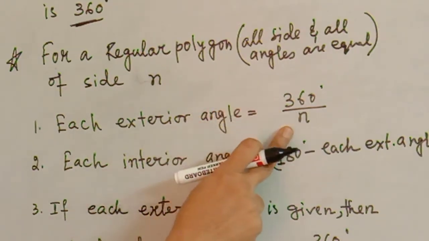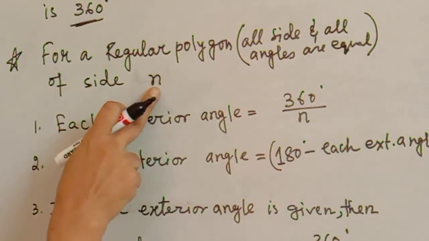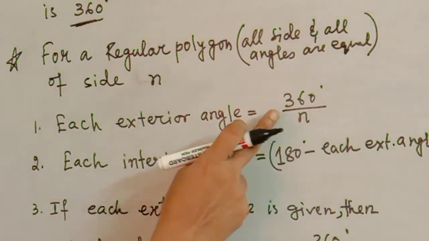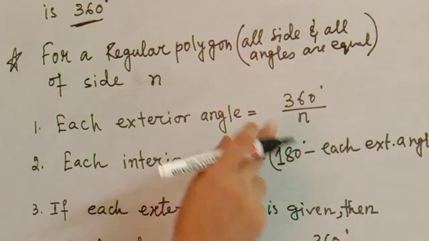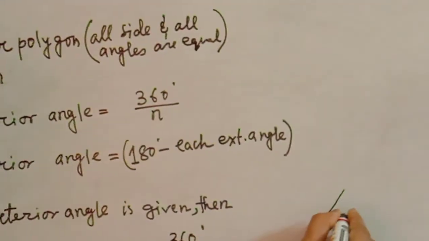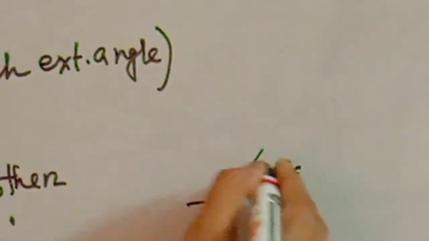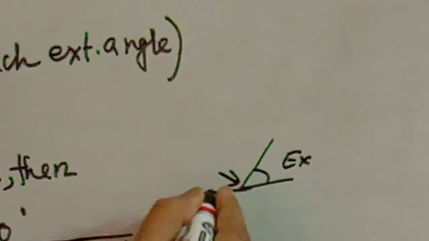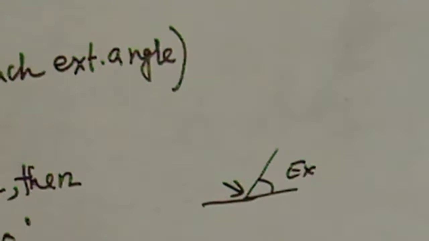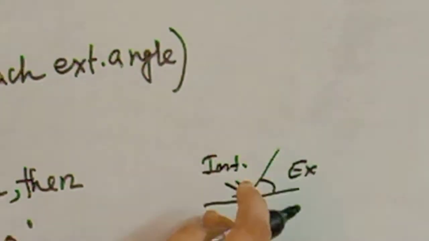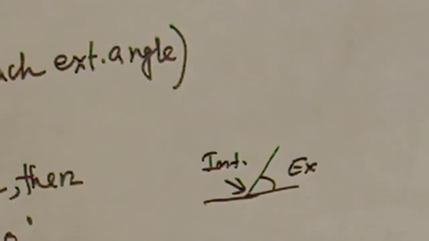Now once you get the exterior angle, the interior angle will be 180 minus the exterior angle, because exterior plus interior is a linear pair.